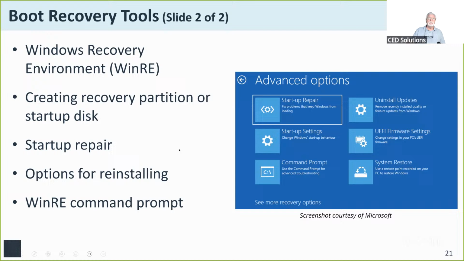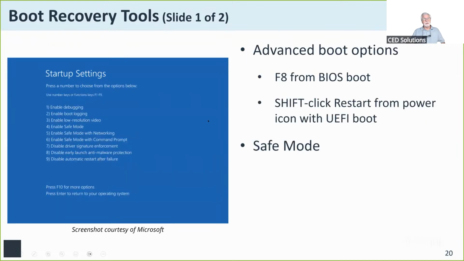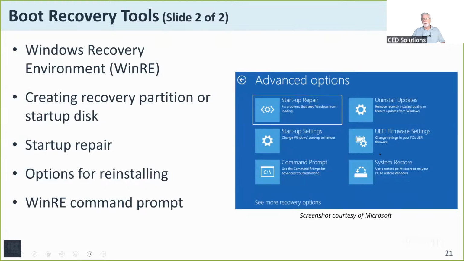Okay. So here is your Windows recovery environment. That's one of the advanced option things that we can typically get to from this menu here. And we navigate around through this with the mouse. Notice one of the very important things I can get to right here, the command prompt.